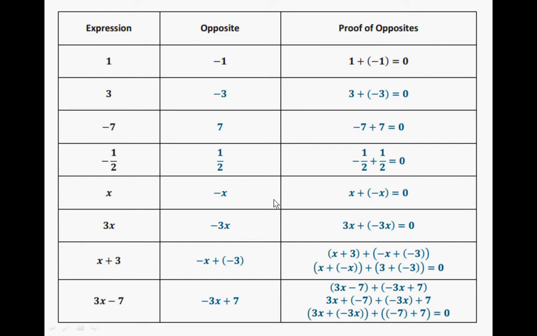And so on and so forth, even when we talk about x and the opposite of x, or 3 times x and the opposite of 3 times x, and also 3 plus x would mean that we are taking negative x plus negative 3, and 3x minus 7 would be negative 3x plus 7. So again, the whole idea of the opposites, and when you add these opposites, you get 0. When you add the opposites here, you also get 0.